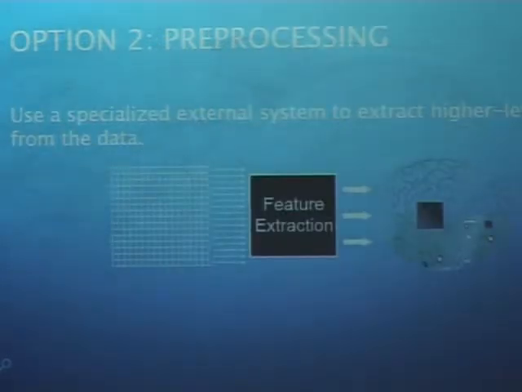So the second option is basically meant to sort of deal with that. And the idea here is to have a device driver or module or some kind of external system that can do some kind of pre-processing, that can translate raw input data to something that's more suitable to the AGI system.